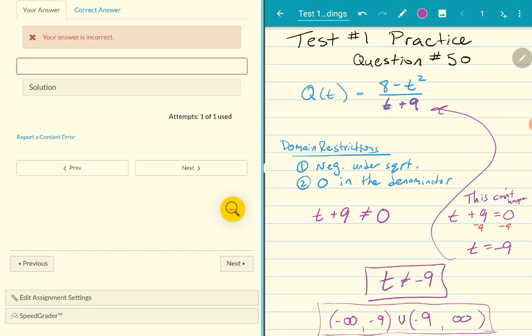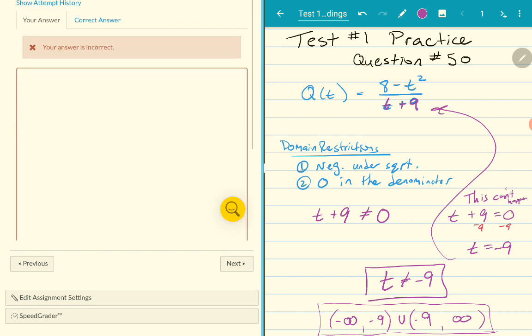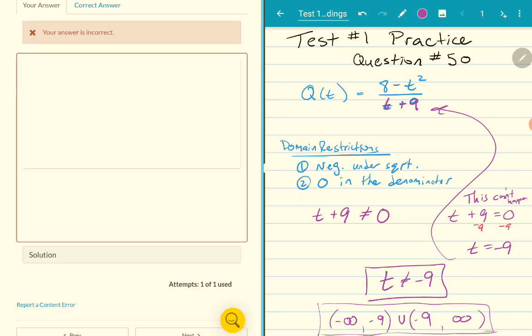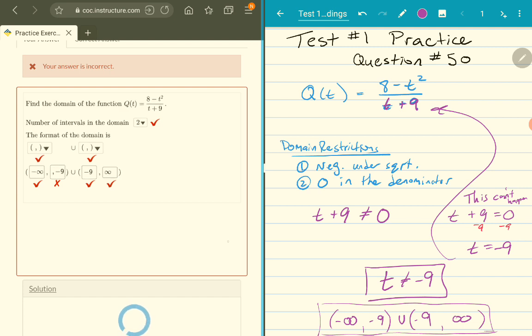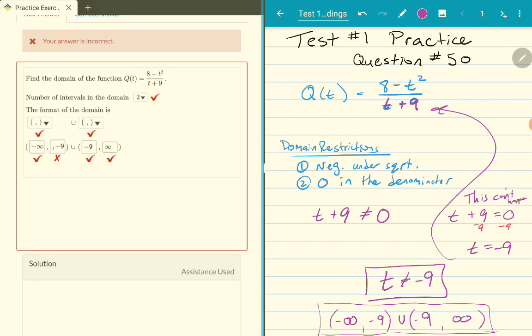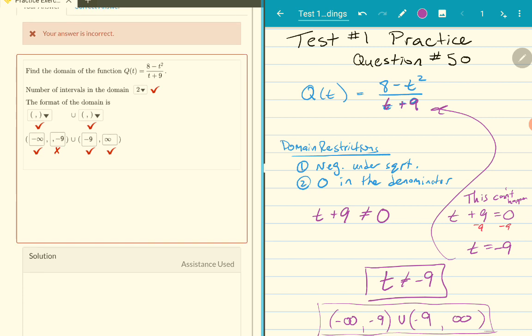Yikes. So it says my answer is incorrect, so I want to look at what the solution is and see, did I do something wrong, or is there an error in the answer key?